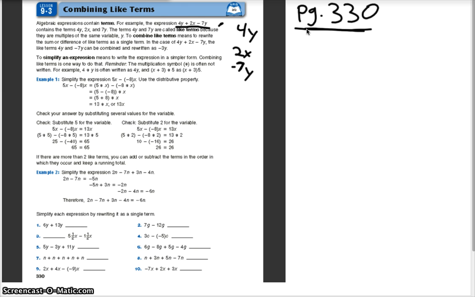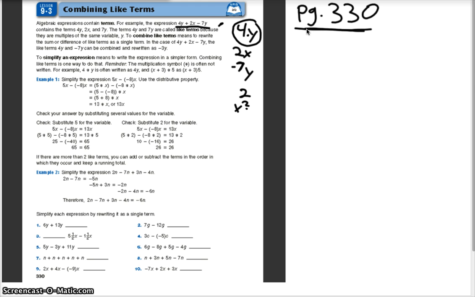If we had just a random number, we could say 2 is a term, or x squared could be a term. A term is just kind of one set of numbers. We know that 4y is a term because there's multiplication happening in between. We write them next to each other and it means multiplication. But when we have the multiplication there, that means it's one whole term.